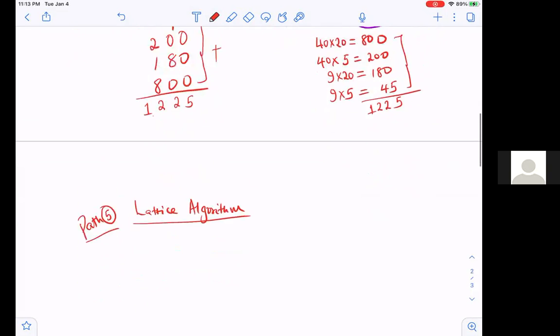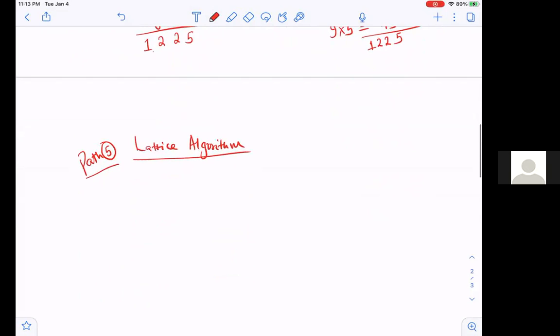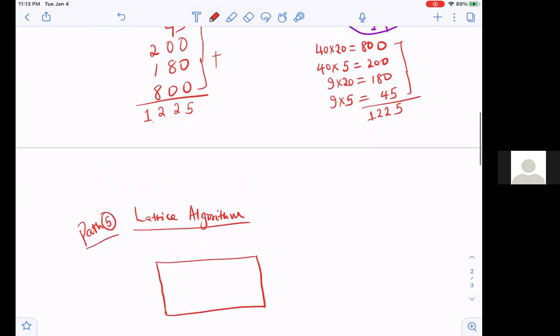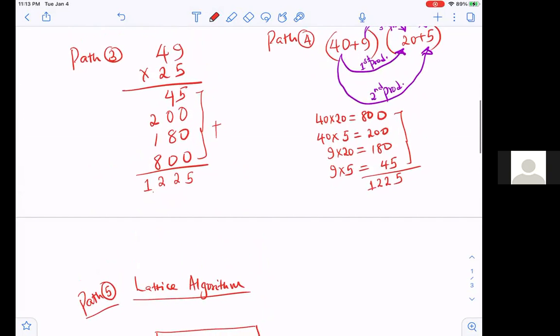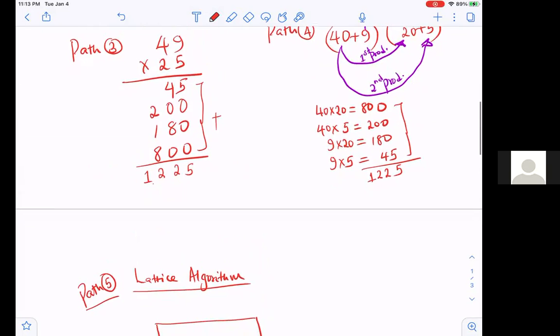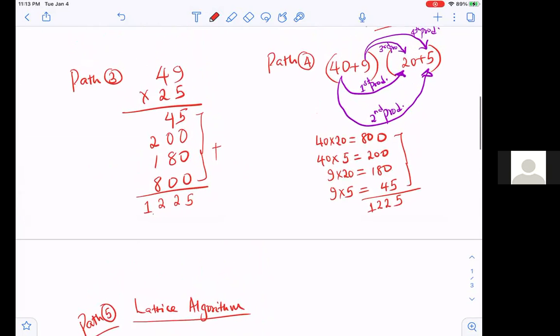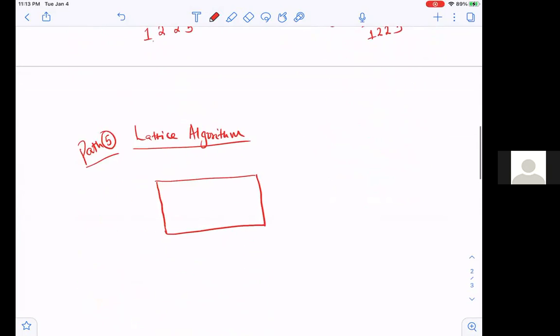And how different is it? By the lattice algorithm, we also draw a rectangular array or a lattice, and we draw the number of columns and the number of rows corresponding to the number of digits of the numbers being multiplied. Because we have a 2-digit number multiplied by a 2-digit number, that means we are going to partition this rectangular box into 2 columns by 2 rows.